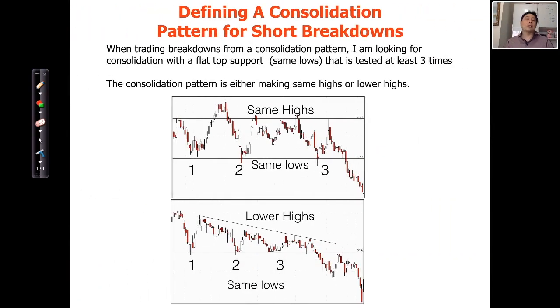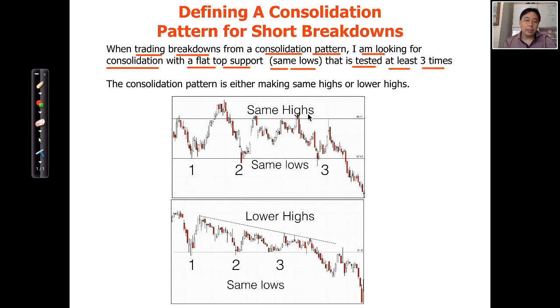Now, on the short side, when we are trading breakdowns from a consolidation pattern, I'm looking for a consolidation with a flat bottom support. In this case, I want the support to be horizontal, that is making same lows and tested at least 3 times.